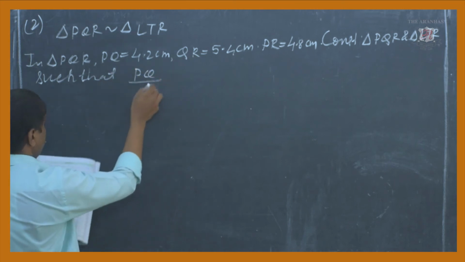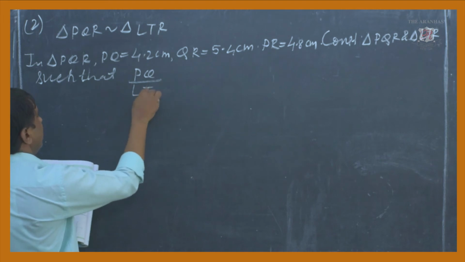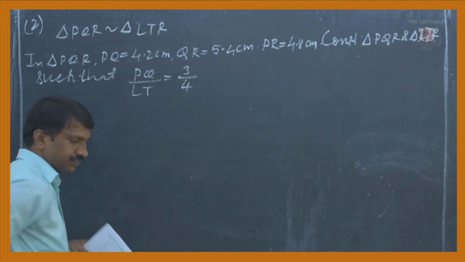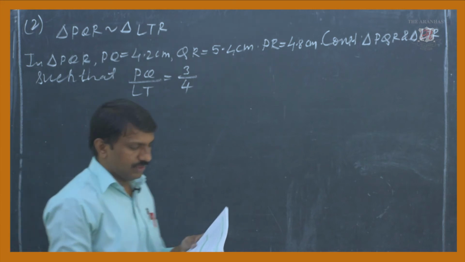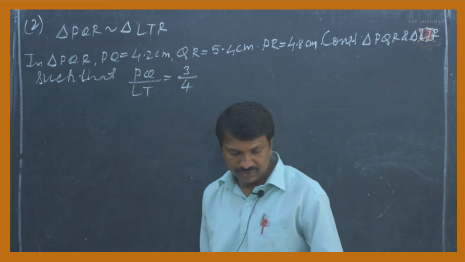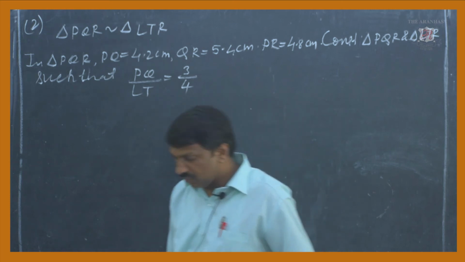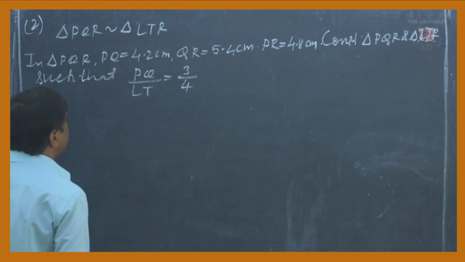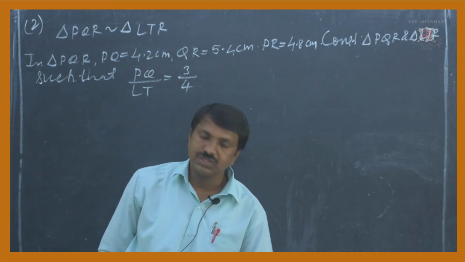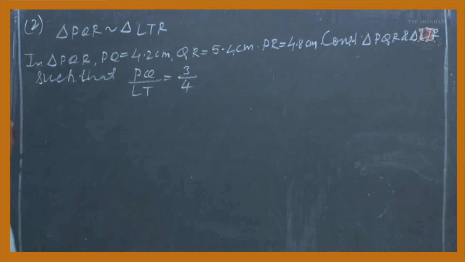So PQ upon LT is equal to 3/4. Then construct the given triangle. The heading is written there, common vertex.